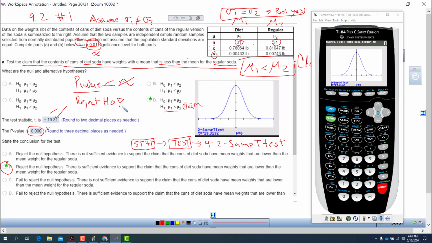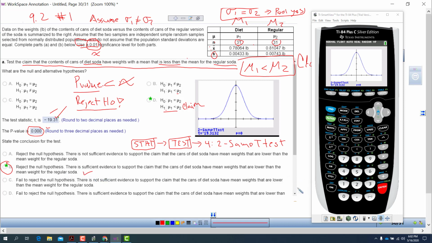Refer to the tables I gave you previously in other videos. There are several ways to formulate the conclusion, but that depends on these two elements: either you reject or fail to reject, and what the claim is. In this particular situation, we reject the null hypothesis, and the claim is on the alternative hypothesis. That's why this is the way you word the conclusion.